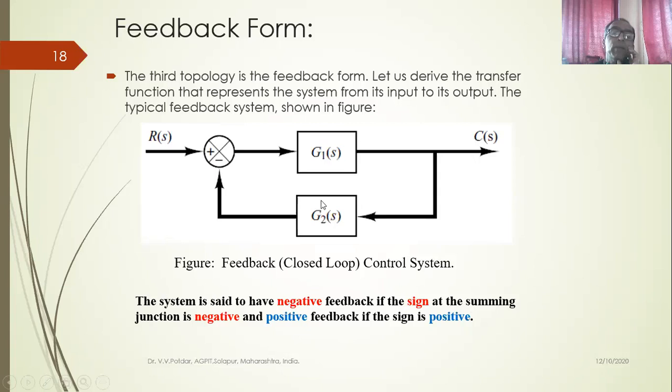And if the sign is positive, I call it positive feedback. Negative feedback is subtracted from the reference input, and the error signal is generated. And positive feedback is added to the reference input, and the error signal is generated. So this is the feedback topology.